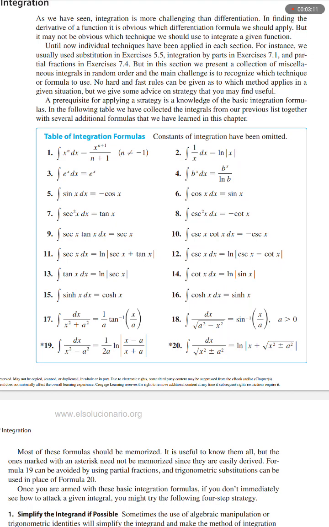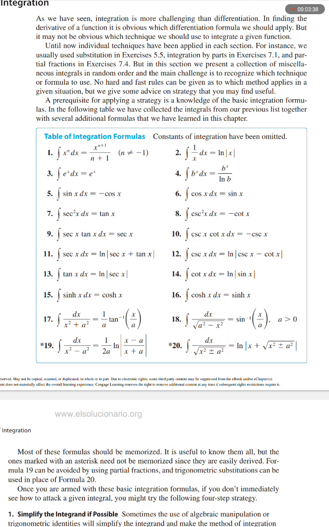Now omitting the numbers, the integral of secant squared x dx equals tangent x. The integral of cosecant squared x dx equals negative cotangent x. Redoing number 7, the integral of secant squared x dx equals tangent x.